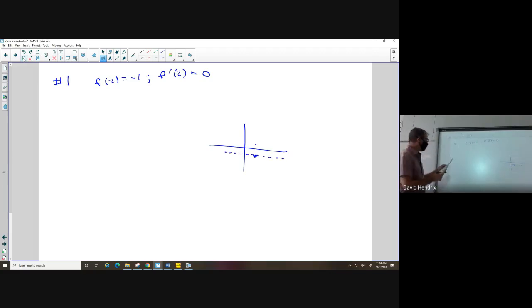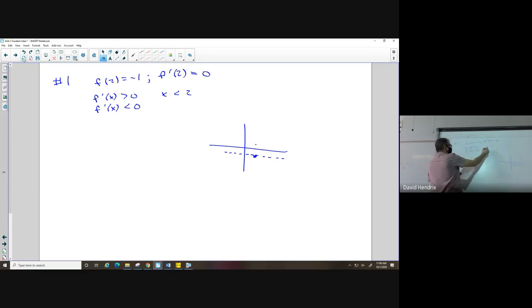And it tells us that f prime of x is greater than 0 for x less than 2, and f prime of x is less than 0 for x greater than 2. And so if you want to make a sign chart, you can.